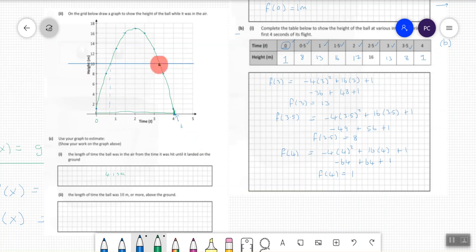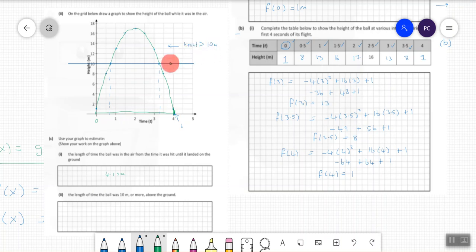And then at this point here, draw a line back down here. So you can see that between this time and this time, the height is greater than 10 meters.